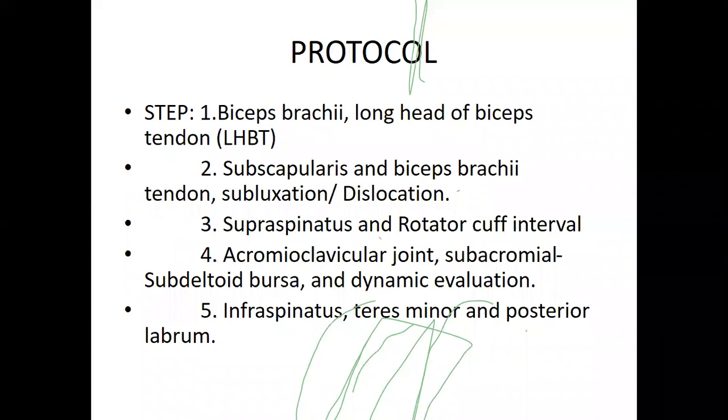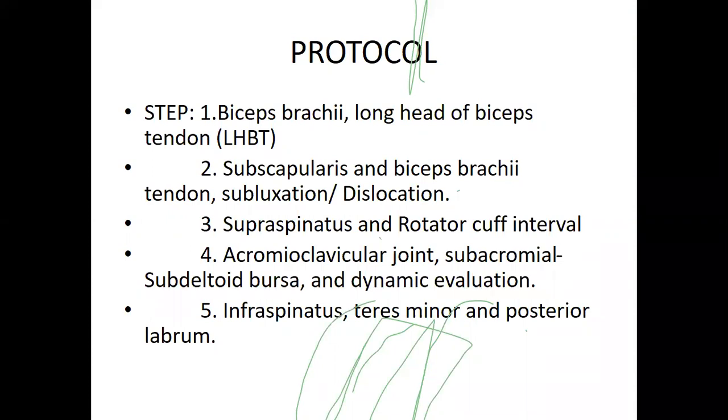Protocol number one, we are going to look at the biceps brachii, the long head of the biceps tendon. Now, what is this biceps brachii? This is the structure that attaches the biceps muscle, which we all know.